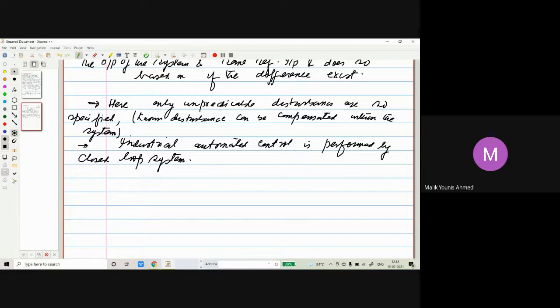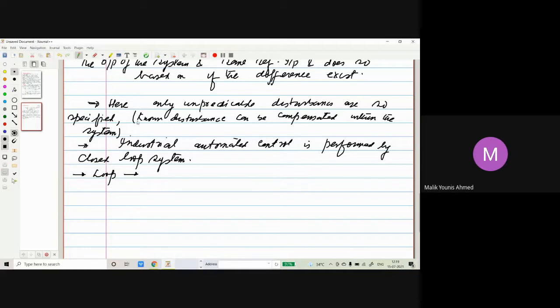That means the loop. So what does the loop term mean? You'll be wondering what the loop term is. You have to clearly understand what loop means. In electrical engineering we also talk about the loop. It is the same thing, but here the ingredients or the devices will be different.